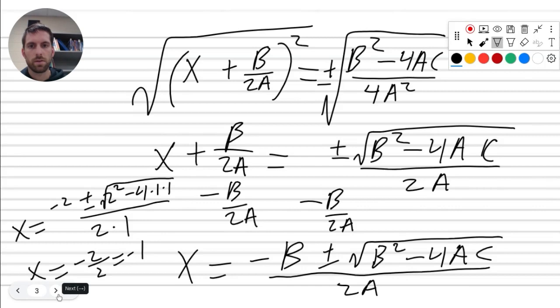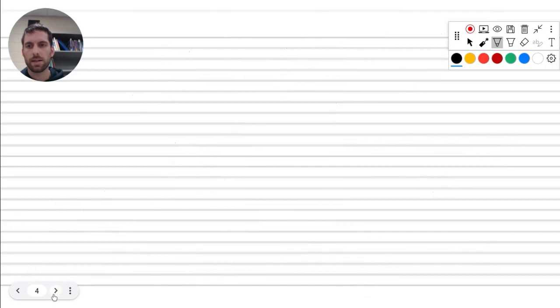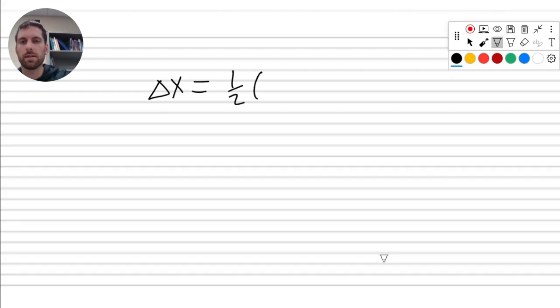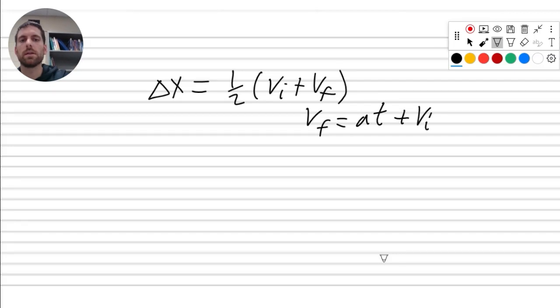Now, let's use the fact that we can use this quadratic formula, and let's do that with our equation. There's another quick way to get that. I could plug in what vf is, so just at plus vi, that goes here.